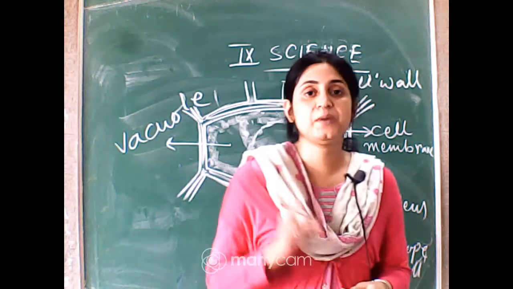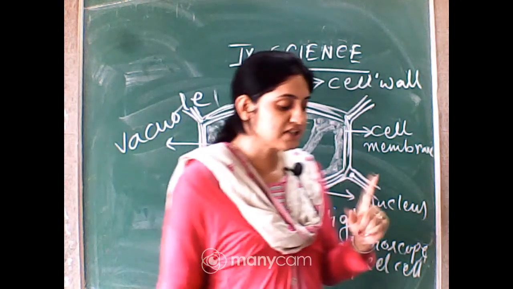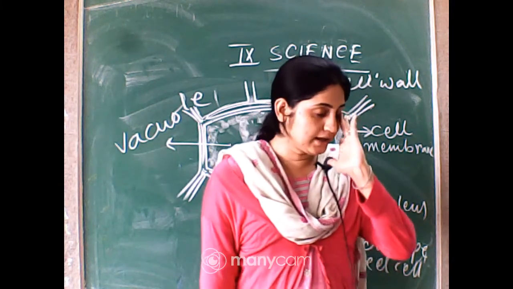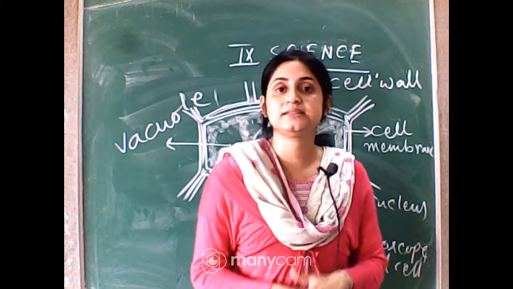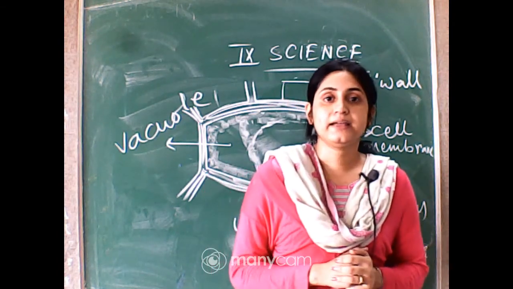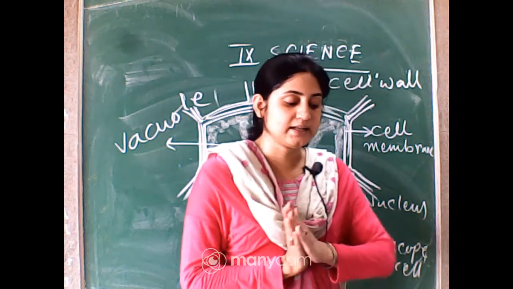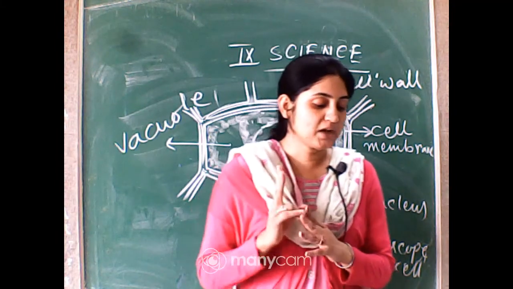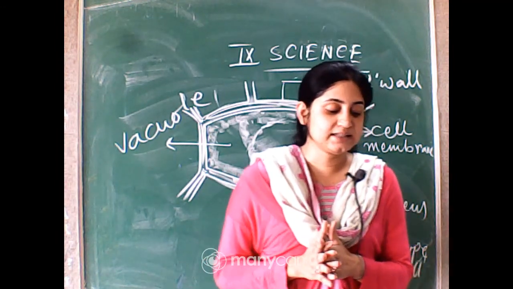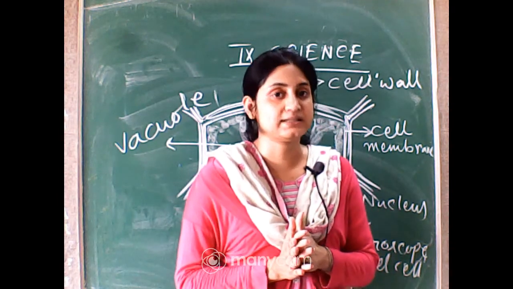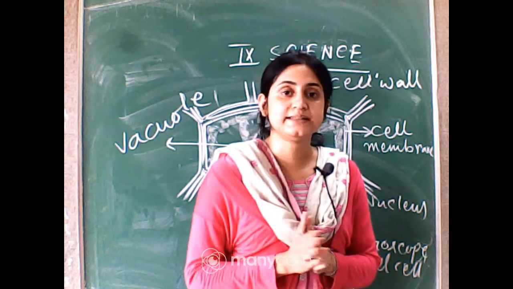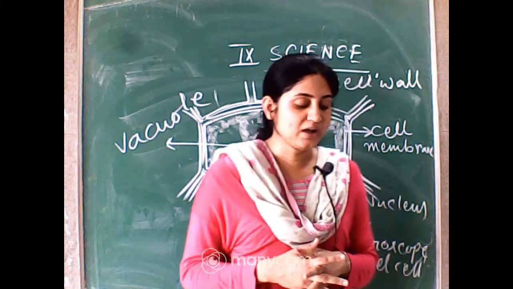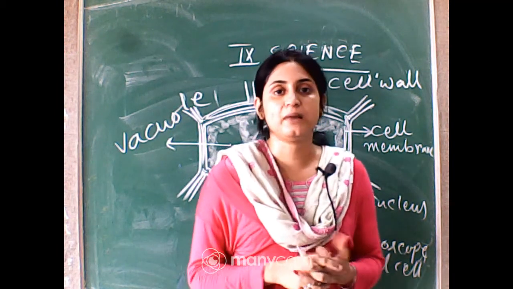Okay, so I repeat the observation from the first point. First, there are a large number of polygonal cells lying side by side with distinct cell walls. Number 2, a distinct nucleus is present in the center of the cell. Number 3, vacuoles are present in the cell cytoplasm.